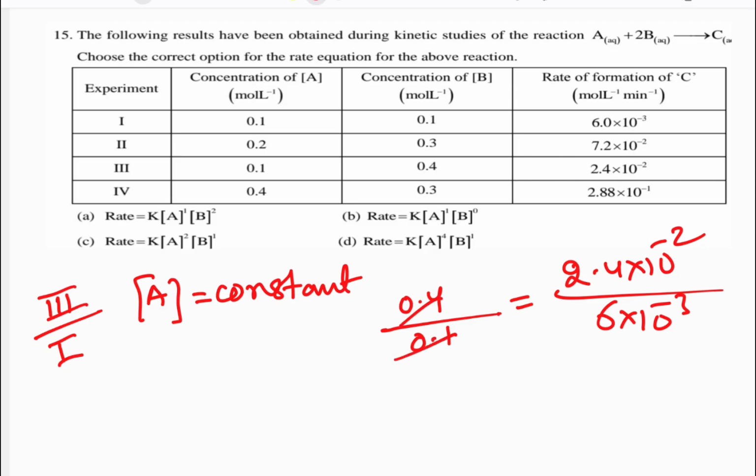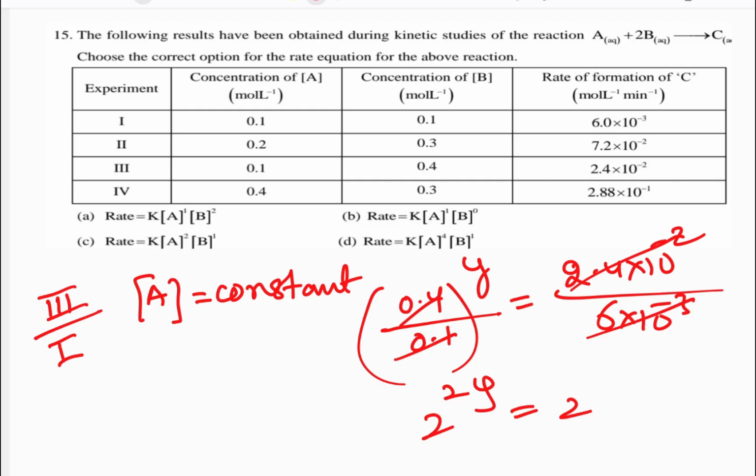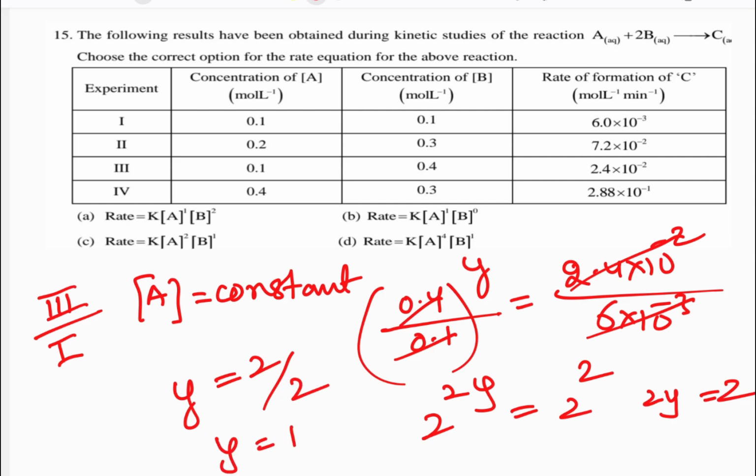If we simplify this, with whole power y, 2 power 2 is equal to 2 power y, so y is equal to 2 by 2 is equal to 1. So with respect to B, the order of the reaction is 1. Therefore the correct answer is option C.